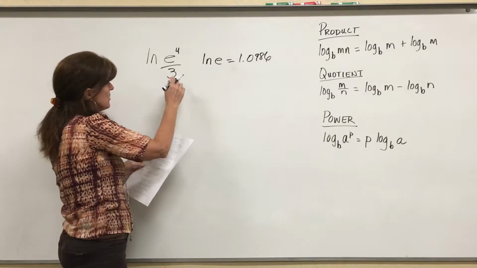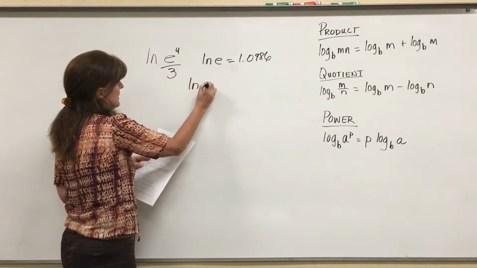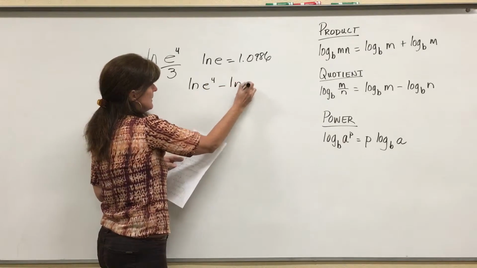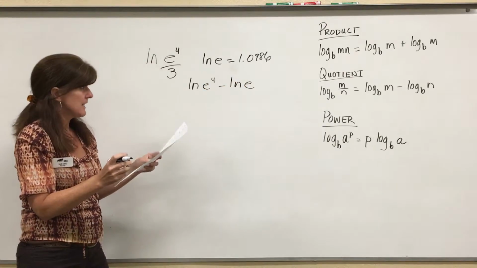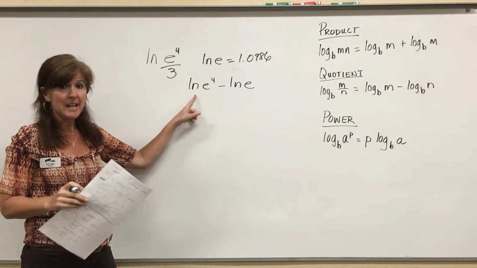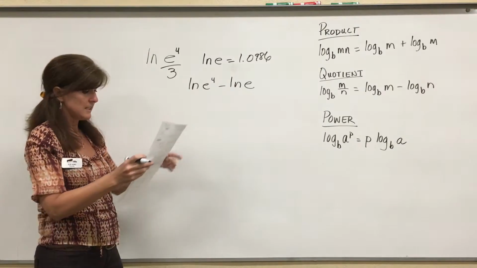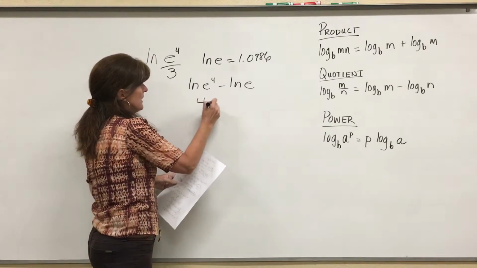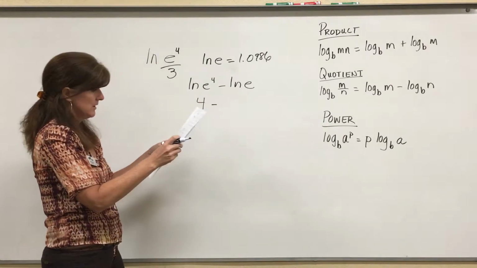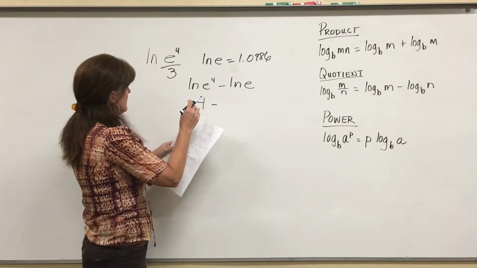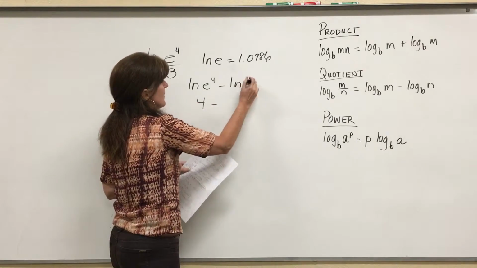So let's see how I'm going to do this. Well, I know I can do natural log of e to the 4 minus natural log of 3, and if I put natural log of e to the 4 into my calculator, then you will get 4. Oh, I'm sorry, minus natural log of 3, not e.